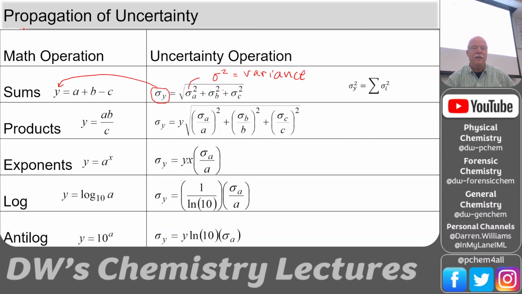And so this equation is captured in this very small, simple shorthand. This is the smallest way to write it. It's just the sum of the variances. The variance of Y is the sum of all of the variances that go into that sum or difference.